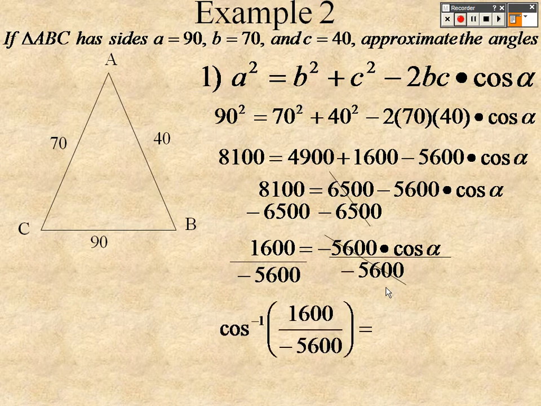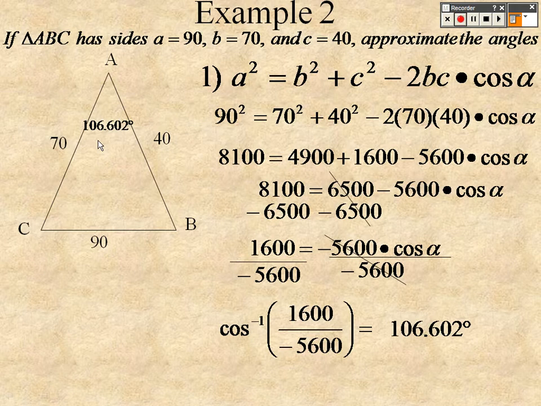Figure out that cosine of alpha equals 1600 over negative 5600, but you just do inverse of that. Inverse of cosine, because it just works like inverse of sine. When you're trying to find the angle, you have to do the inverse, negative 1. So you end up getting 106.602 as that angle.